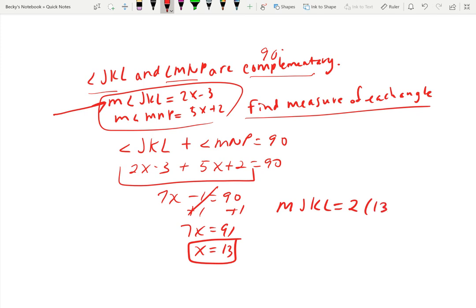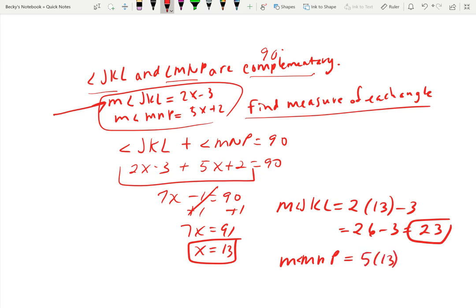Instead of x, I'm replacing it with 13. So 26 minus 3 is 23. And the measure of angle MNP, these are angles, let's put the angle symbol in there. 5 times 13 plus 2 is 67. Okay, so 67 plus 23 is 90. So I know I did the problem correctly.